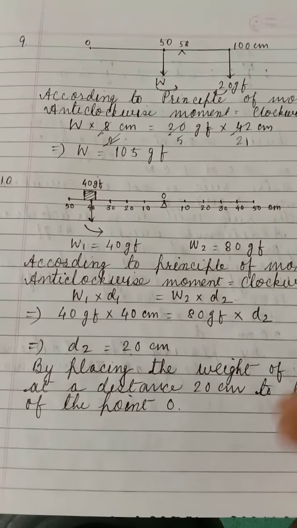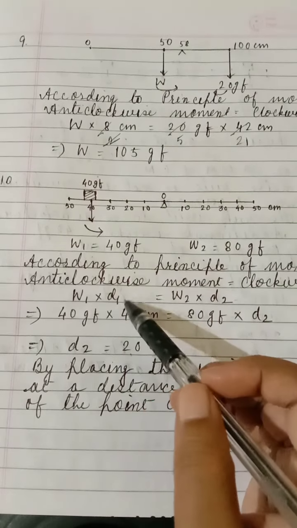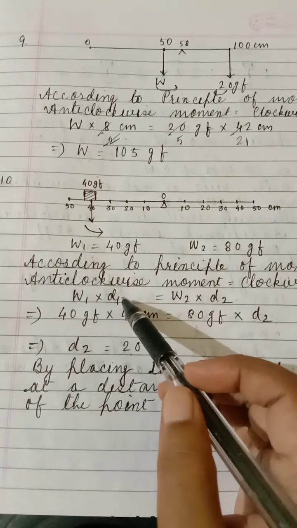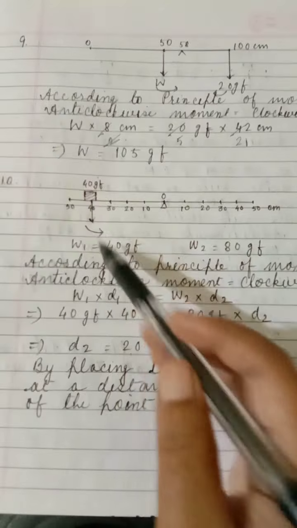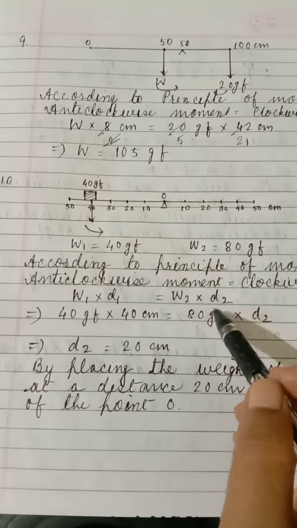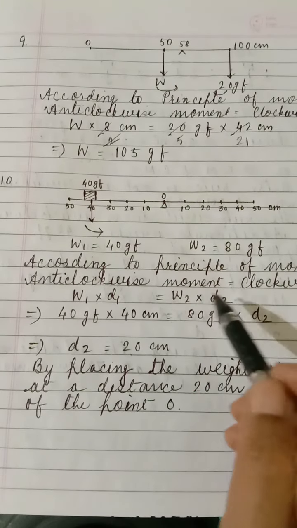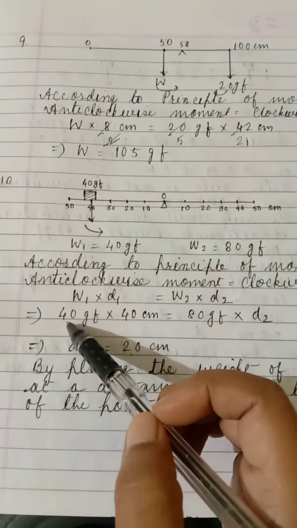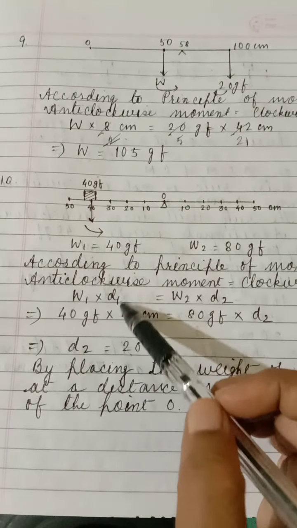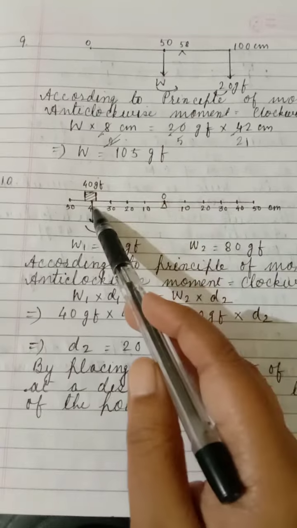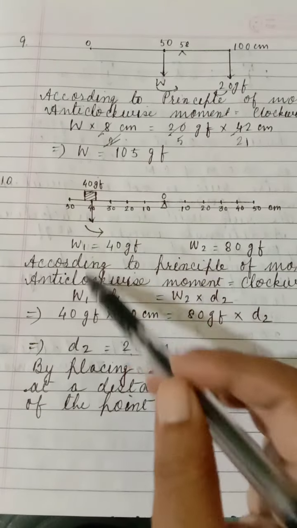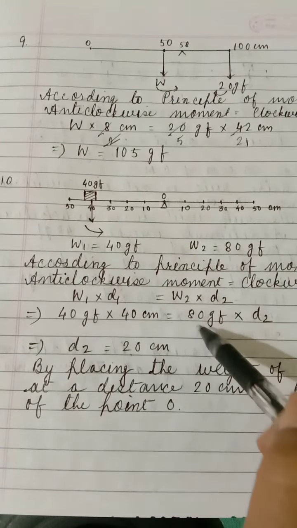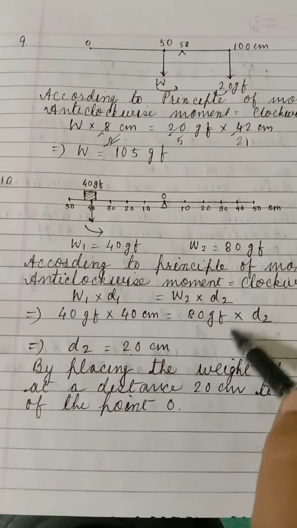So W1 into D1, that is weight into the perpendicular distance from the point O, equals W2 into D2. W1 is given as 40 gf into 40 centimeter. The distance is here 10, 20, 30, 40 centimeter. W2 is also given, 80 gf into D2.